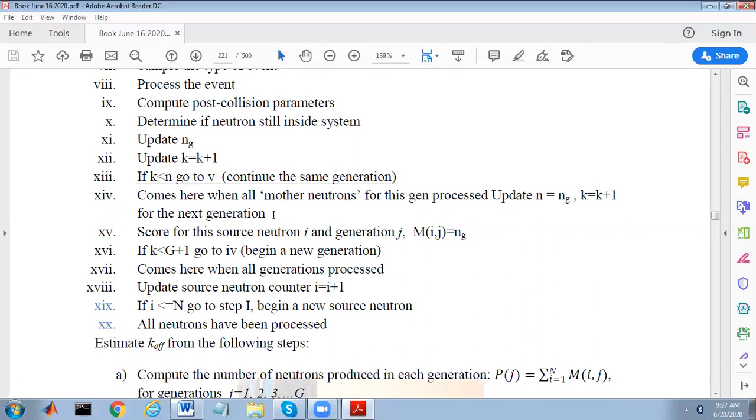That you store in a bank and you come back and take. So how many do you come back and take? Now that's a very important number. Because you cannot have large fluctuations in the successive number of neutrons that you generate in successive histories. So you've got to keep this fixed. But those are the little tricks that we will learn as we go along.